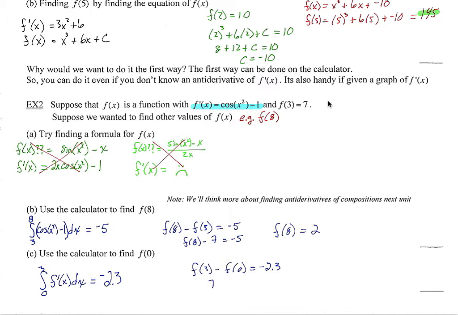So 7 minus the value of the function of interest, f of 0, is going to be -2.3. And we can then determine that f of 0 is equal to 9.3.